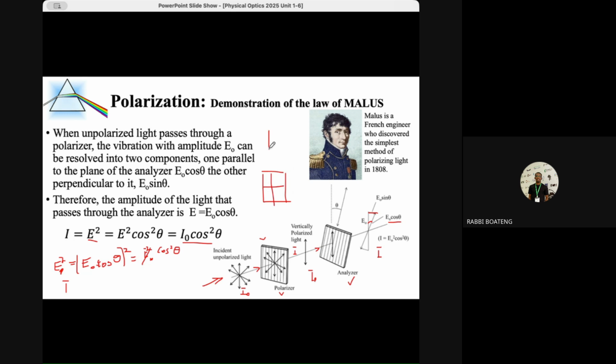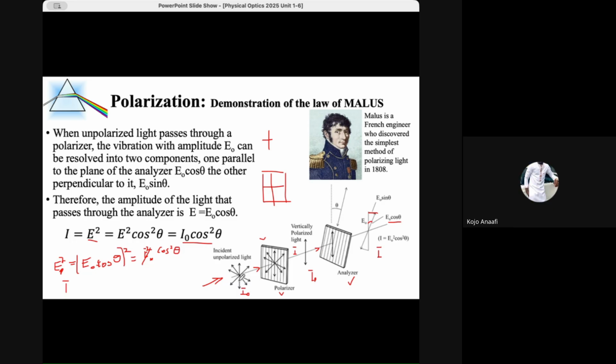That is where I'll get something like this. But that one was just an analogy for explanation. In fact, even the unpolarized light that we see here, the angles are more than the directions shown here. It comes in so many directions, indefinite ones.